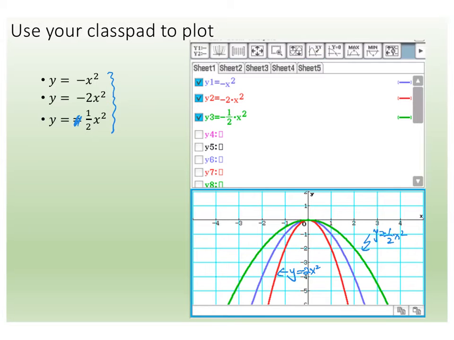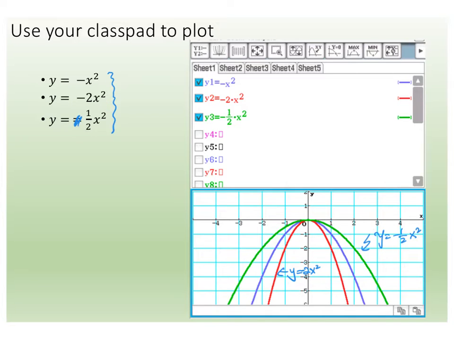Let me write it out a bit better: y equals minus half x squared. Think about it again. What happened to the shape when you've got a as minus 2 or a as minus half?